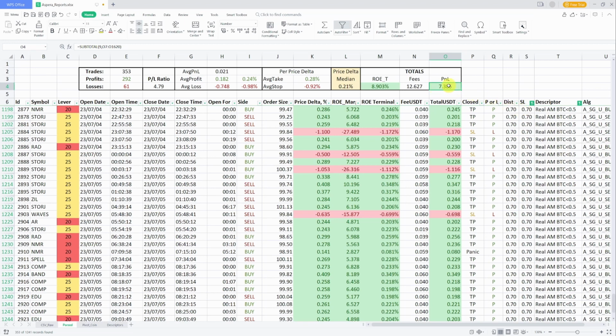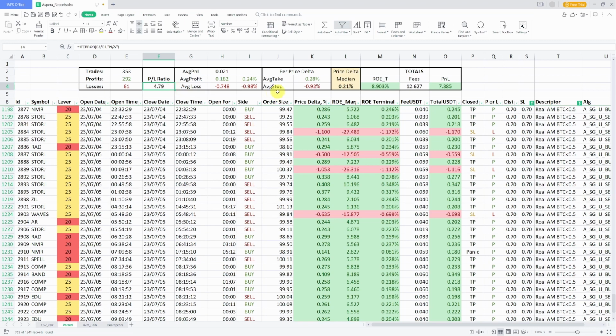But here we're doing okay. The ROE that is calculated here is a bit smaller, you know about these differences. And look at the total profit to loss ratio, it's 4.8 almost, and that's much better than what we had, which was 3.6 a few videos ago.